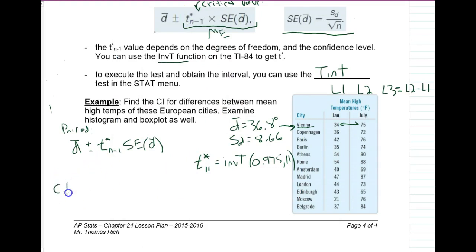So here's my confidence interval. It's going to be 36.8 plus or minus 2.2 times, and then our standard error is going to be 8.66 divided by the square root of 12.